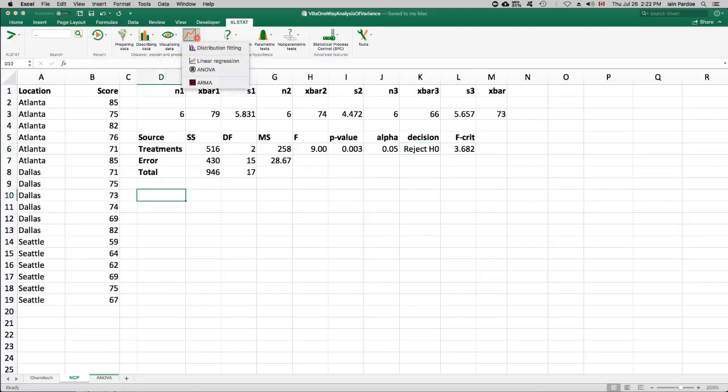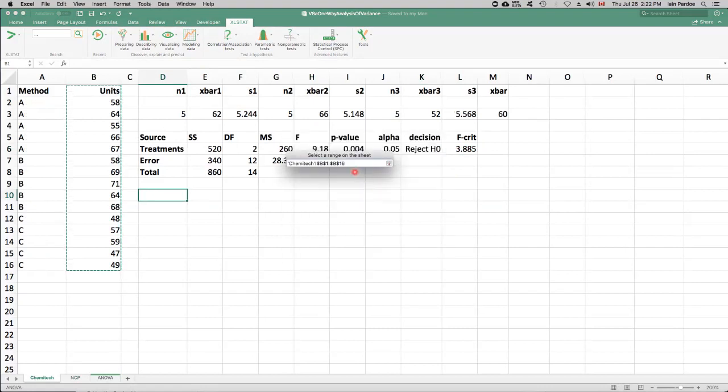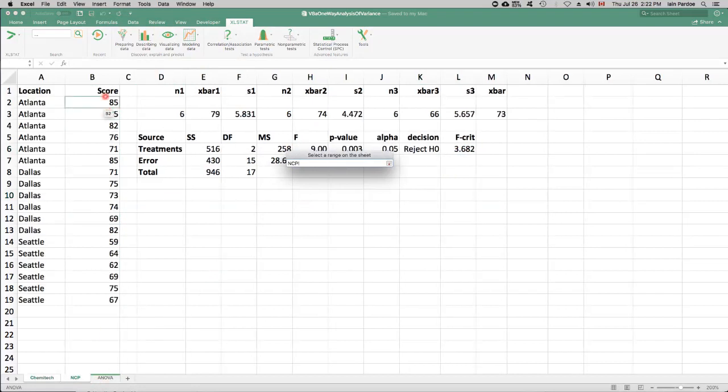And let's have Excel stat do the analysis to check our numbers. So we'll pick our data. Make sure we get the right spreadsheet, so this one.